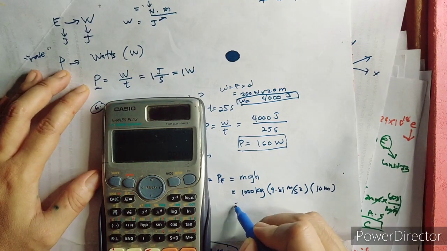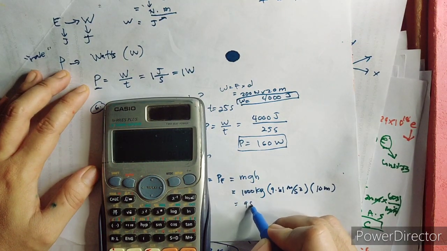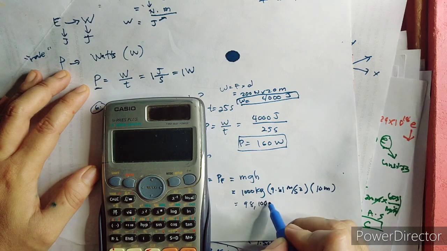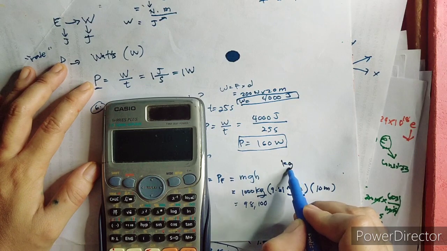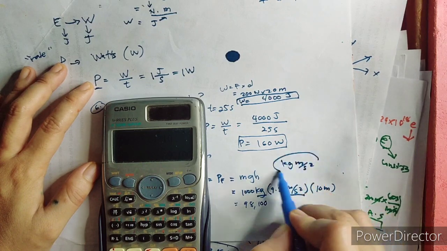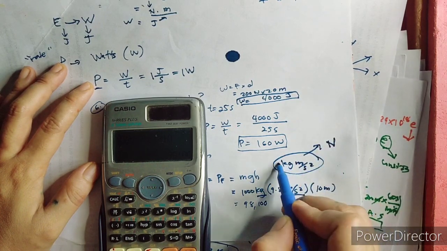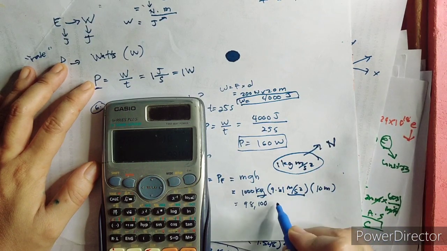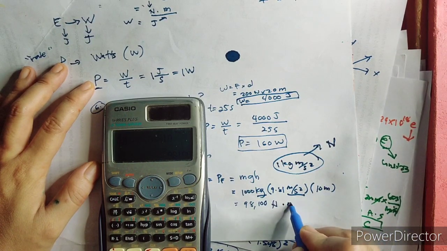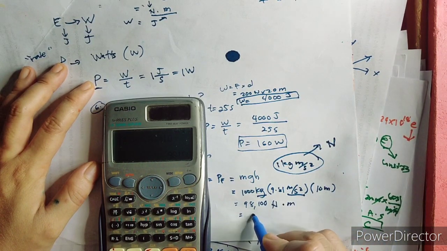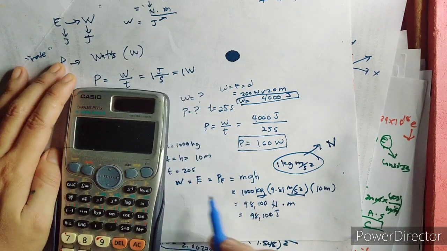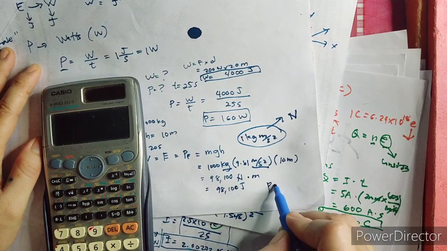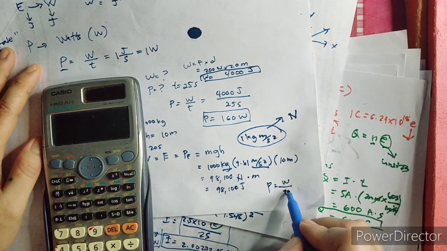So, 98,100. Take note, kilogram meter per second squared, equivalent na yan kay Newton. 1 kilogram meter per second squared is Newton. Newton meter, so equal na rin ito kay joule. 98,100 joule. So, para makuha naman natin ang power, equals work over time.